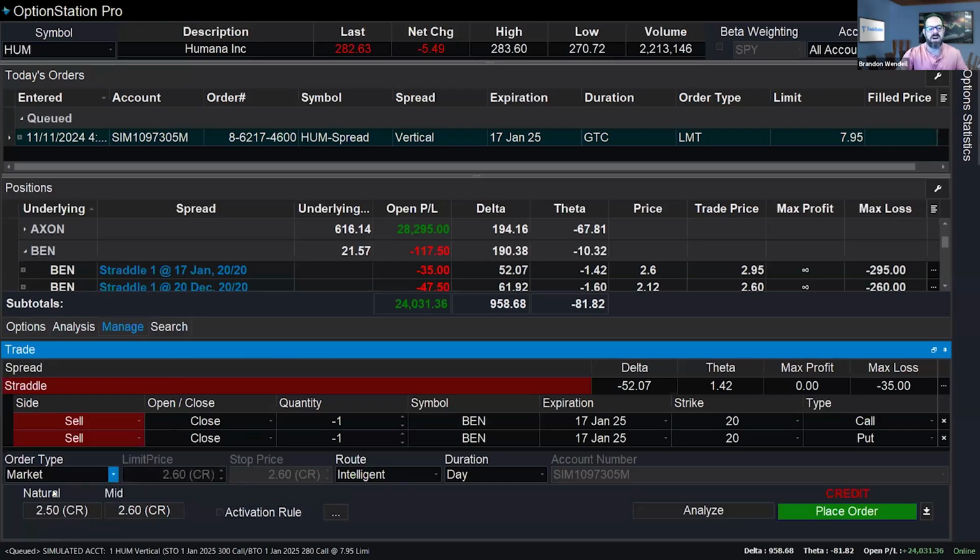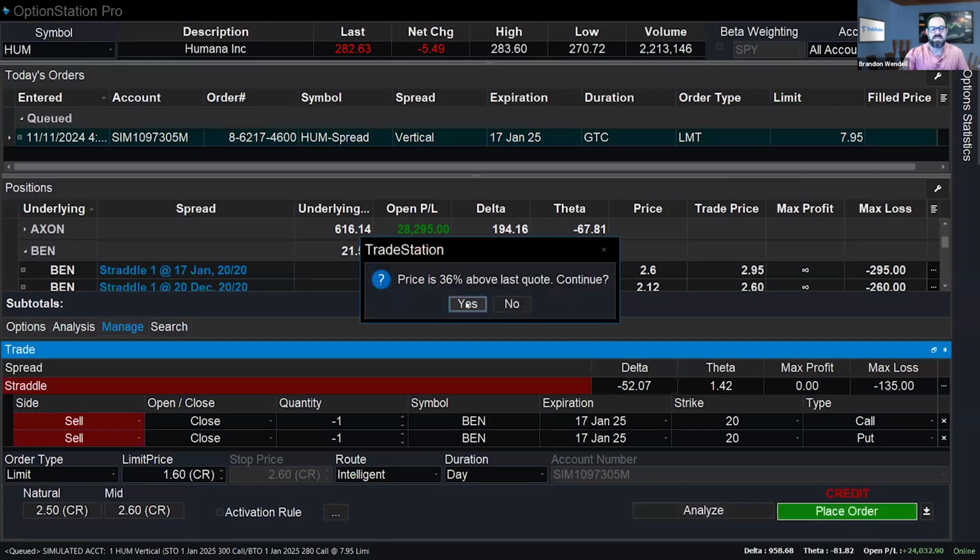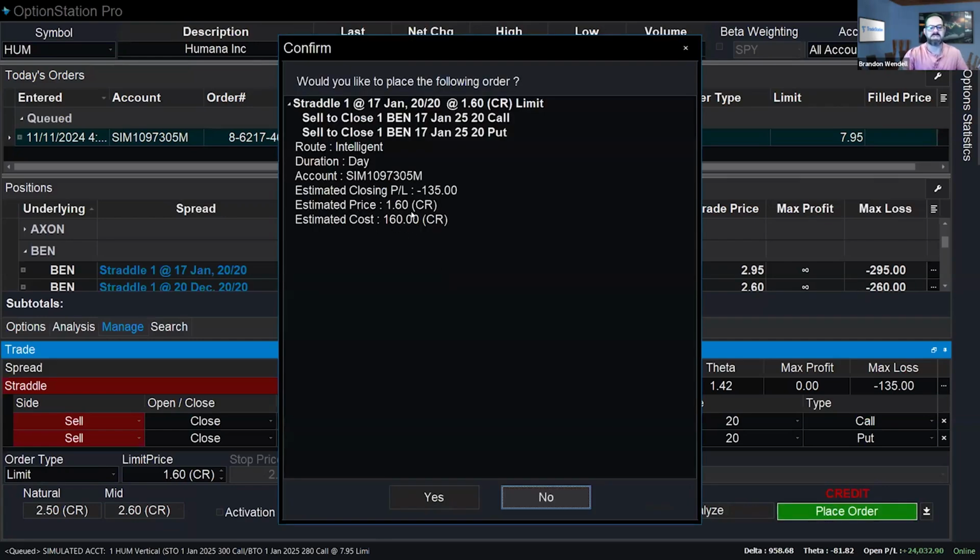If I know I want to get out, I can just set a limit order saying, okay, if it costs me 160, I'm going to exit. Okay, it's not going to fill right now because the price is totally different. It's at 260 right now. But if I can buy this to cover at a smaller price, buy at 160 or better, then I will close this position once we get there.